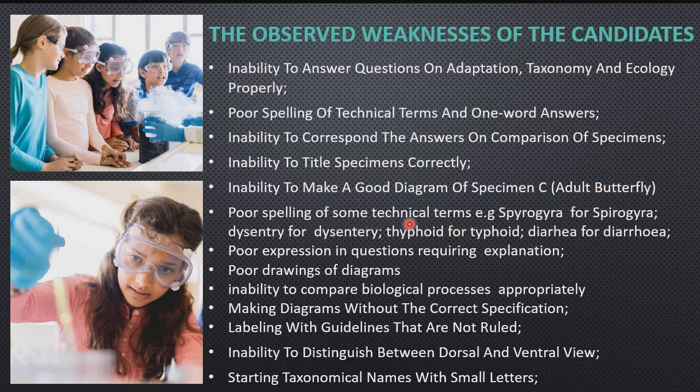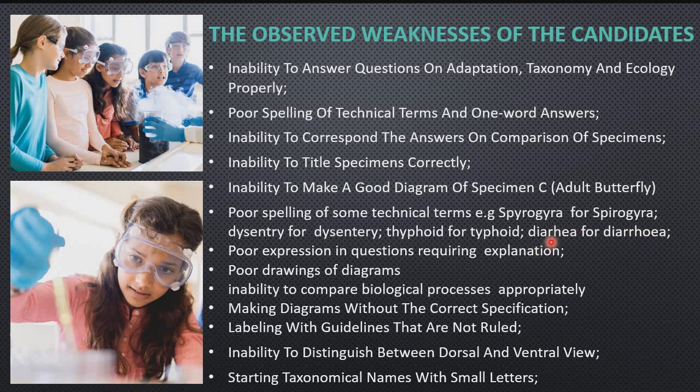Poor spelling of technical terms. For example, Spirogyra, they will spell this way. Instead of spelling this for dysentery, they will spell this. Instead of spelling this for typhoid, they will spell this. Instead of spelling this for diarrhea, they will spell this.